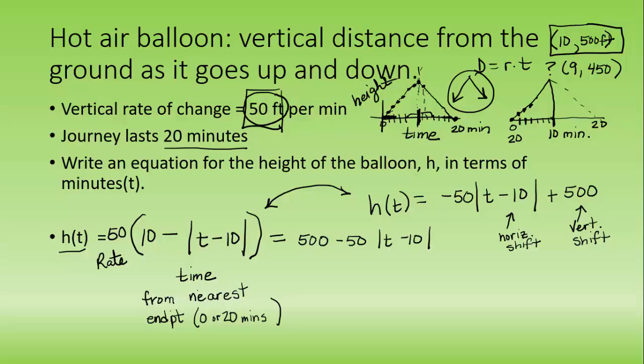Now what do you think? That looks a lot more like our equation, right? The only difference is that this term and this term have been written in a different order in my second equation. So if we move those around, we get negative 50 times t minus 10 plus 500. And now the two equations are exactly the same.